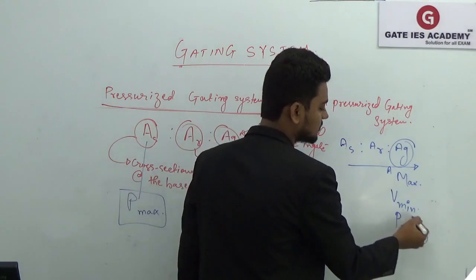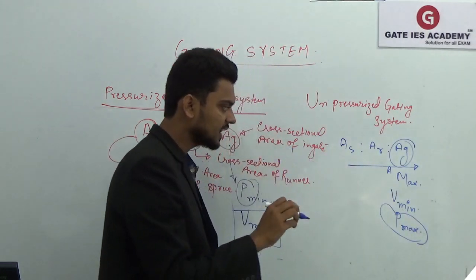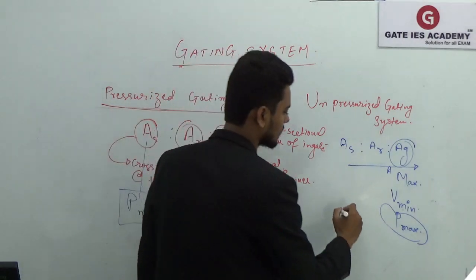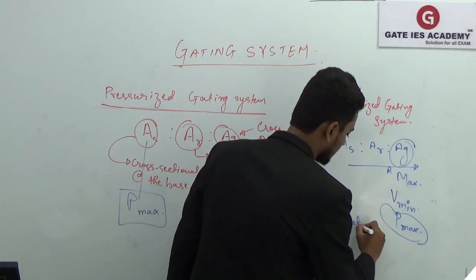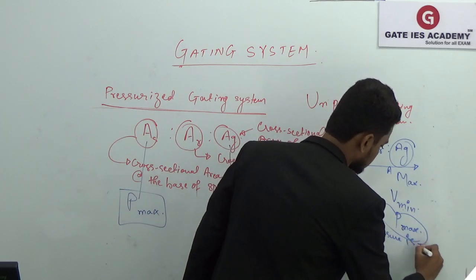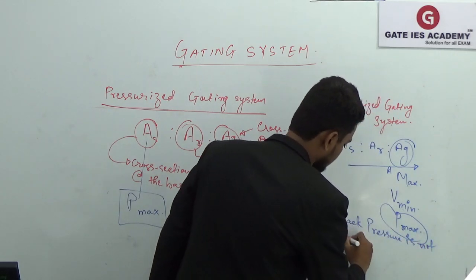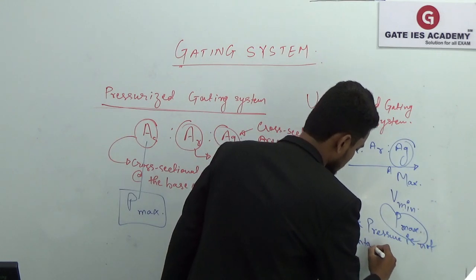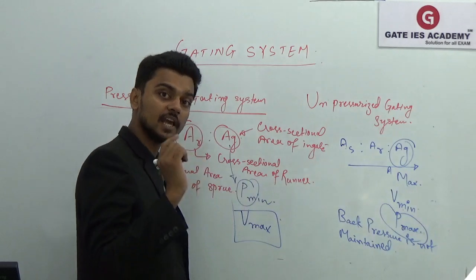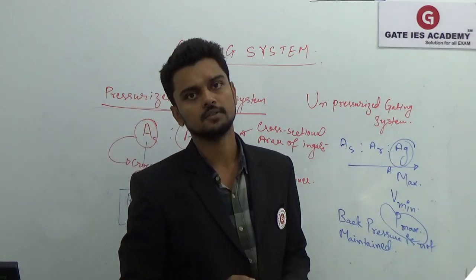When there is a maximum pressure at the ingate, obviously there is no back pressure. Okay, so here the back pressure is not maintained. When there is no back pressure, there will be an aspiration effect.